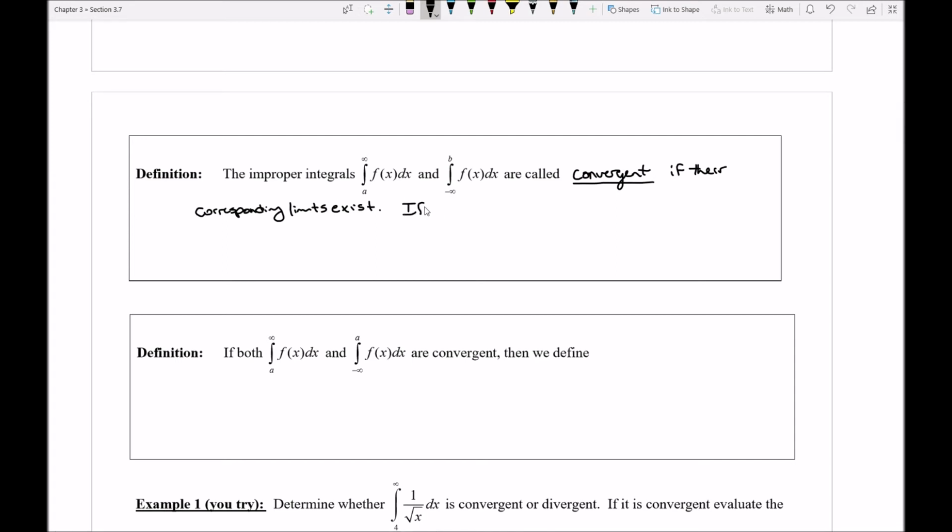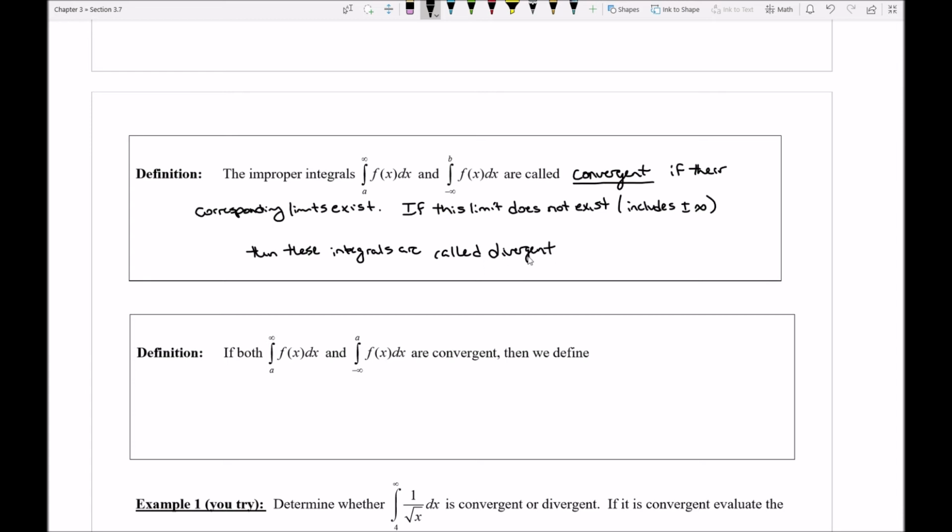I can then also say that if this limit does not exist, remember that includes positive or negative infinity, then these integrals are called divergent.